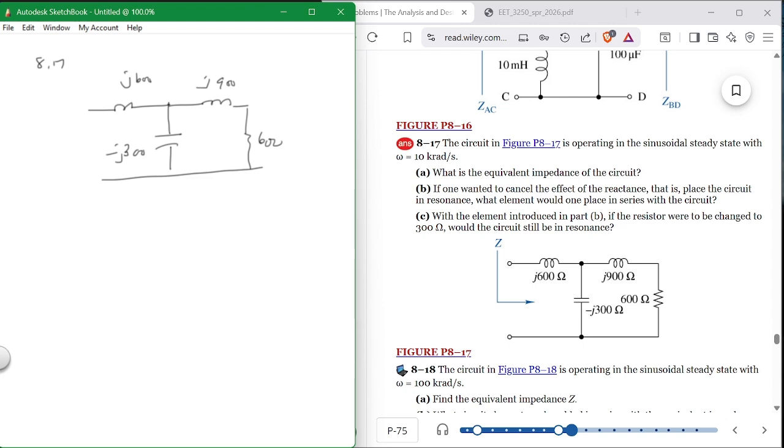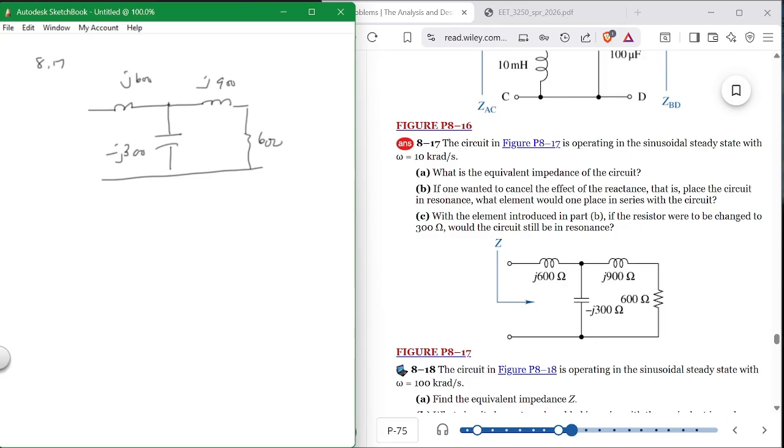So you key it in as 600i plus 1 divided by parenthesis 1 divided by minus 300i plus 1 divided by parenthesis 600 plus 900i, parenthesis, parenthesis. Okay, see if that works. Oh, didn't do it right.